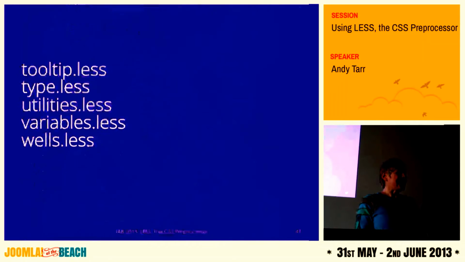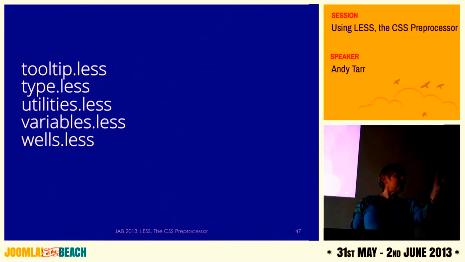It has got all of these Less files. And you can see by looking through there, they've taken little tiny chunks rather than having a 5,000 line file. They've got individual ones because you can then pull in the pieces that you need if you want to do that. Like if you're not going to use carousel, you don't want to have carousel in there, you can leave that off.